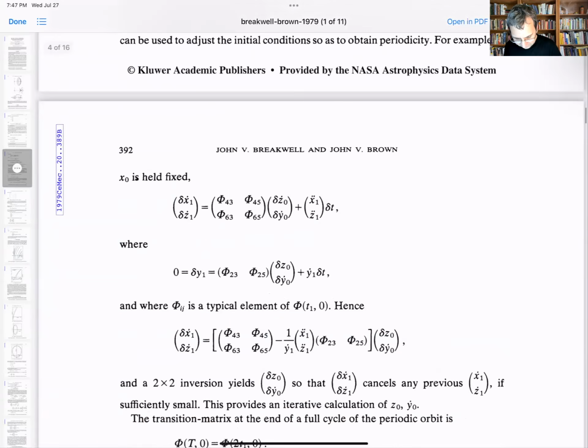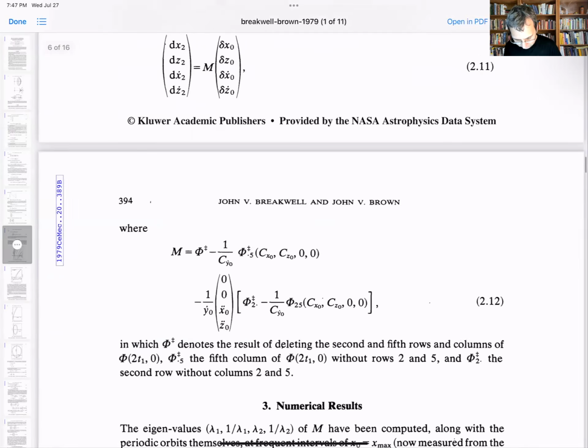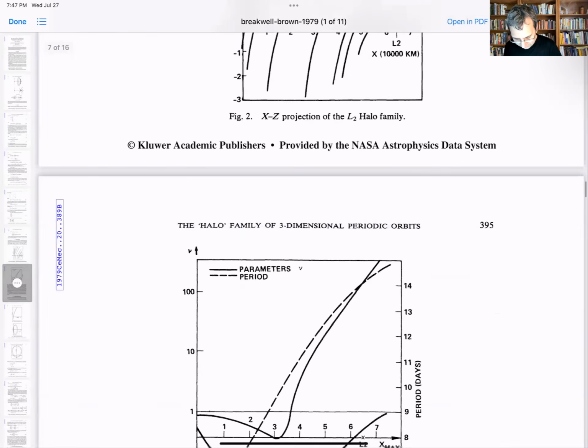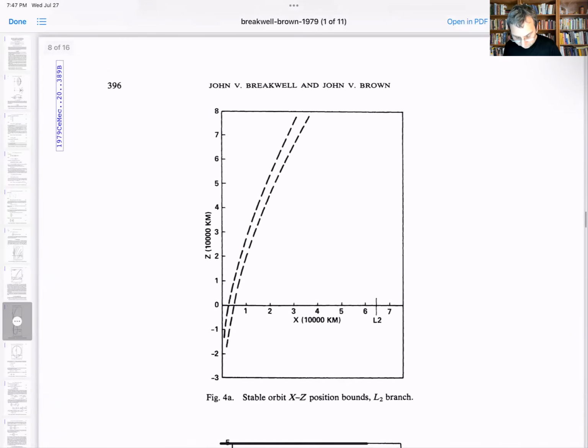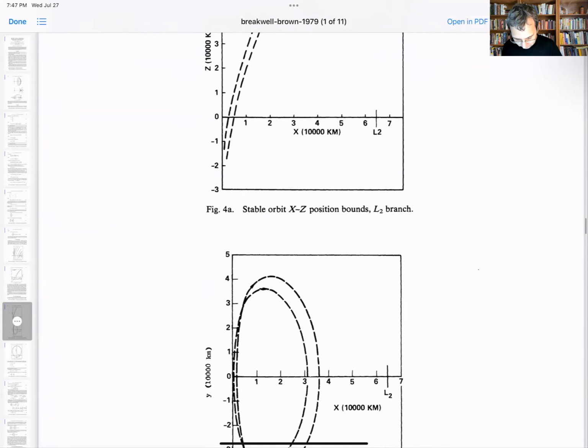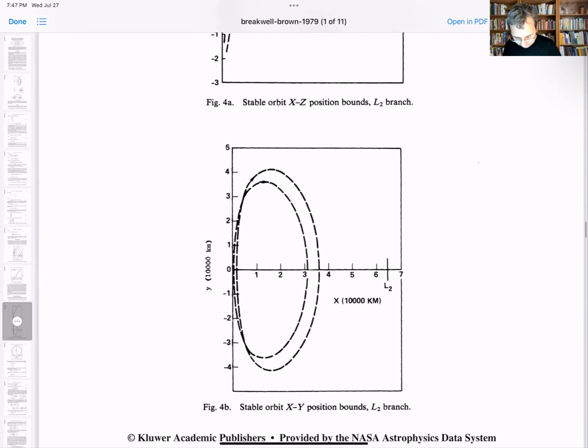And they even find this set that they call the almost rectilinear orbits. One of those is being used for the CAPSTONE mission. So this is showing a sideways view, and then the top view.